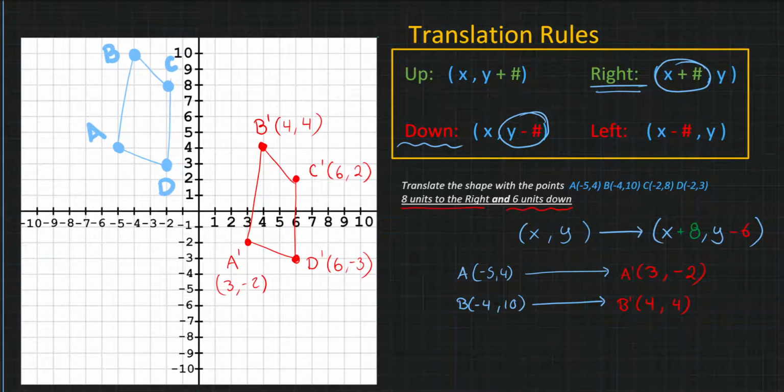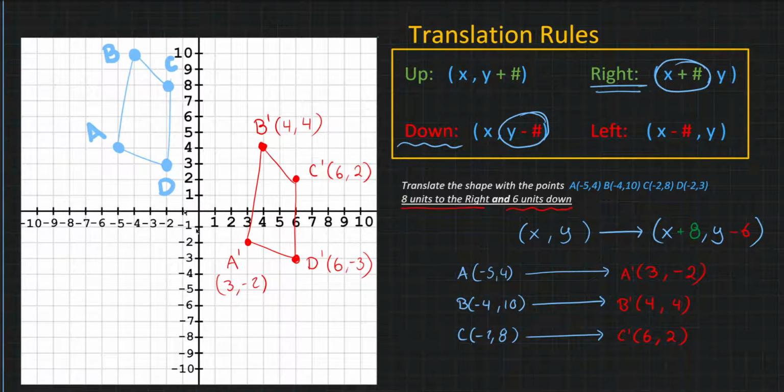All right. Now we'll do C. C was -2, 8. Slide it on over through our translation here. C prime will be -2 plus 8, which is 6, comma, and 8 minus 6, 2. 6, 2.